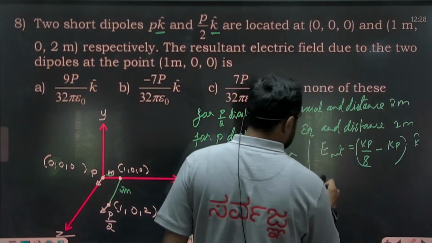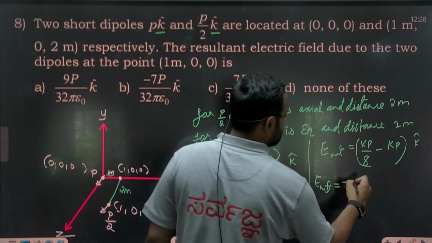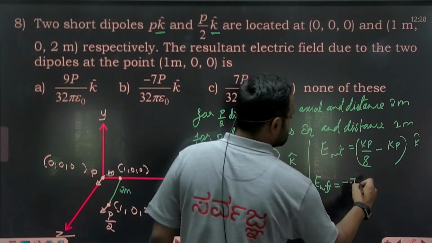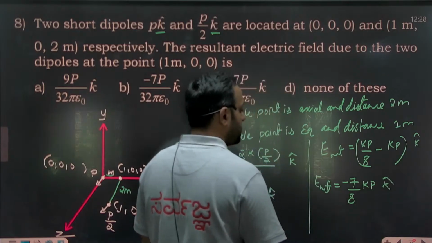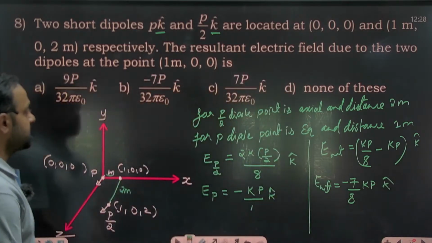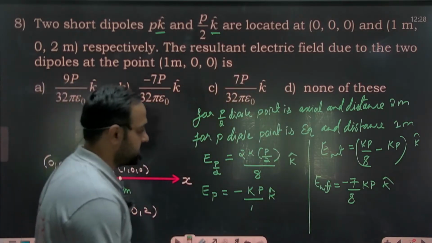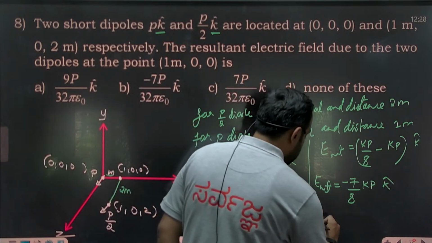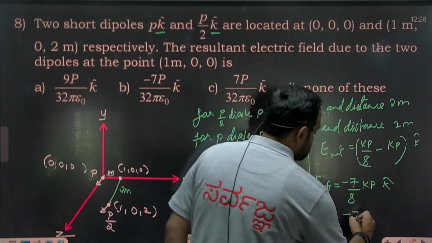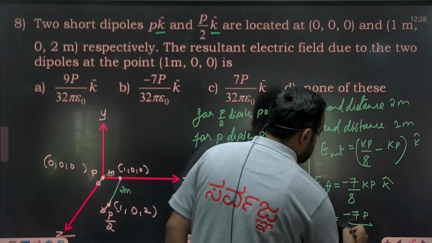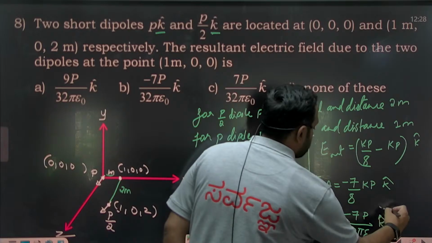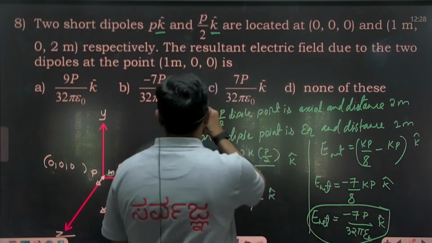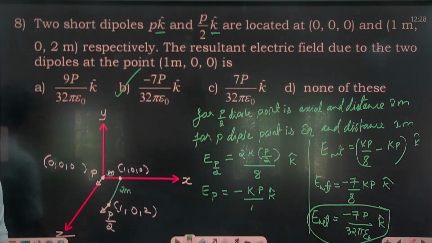This is minus 7 by 8 kp. If you take k as 1 by 4 pi epsilon naught, 8 times 4 is 32. So the net electric field you get is minus 7P divided by 32 pi epsilon naught. Option B. Very good.